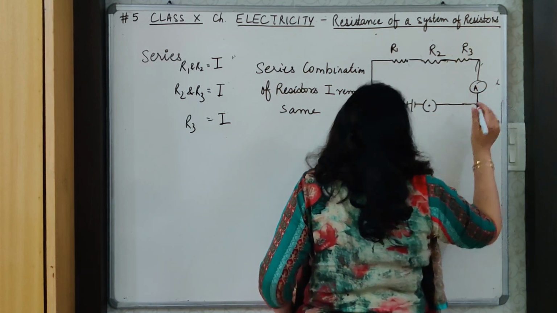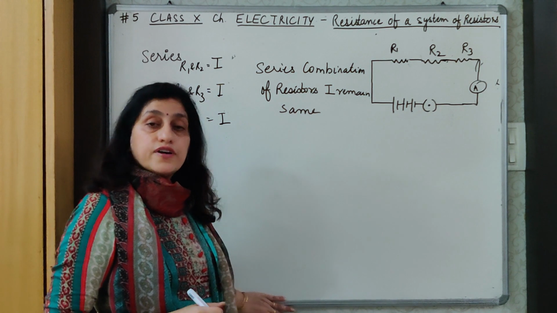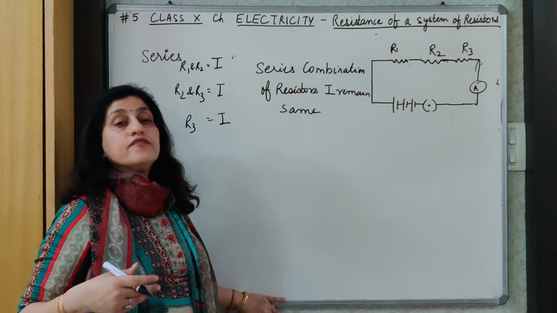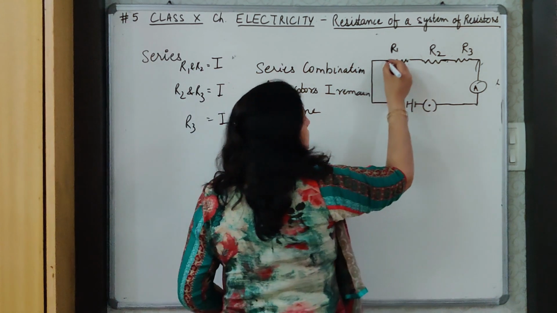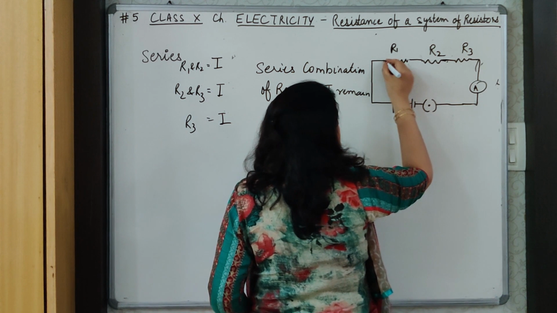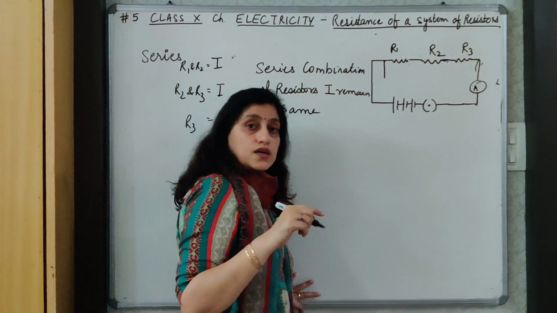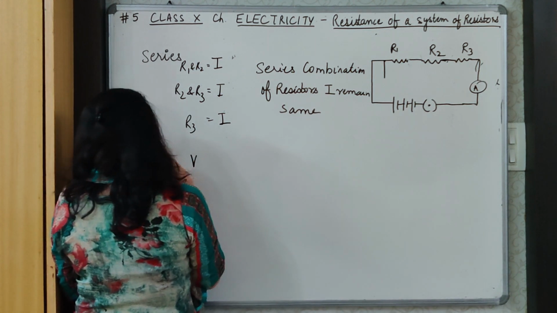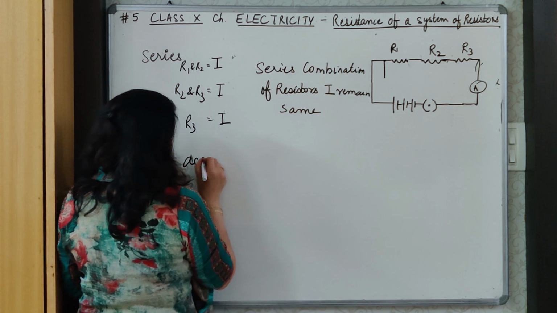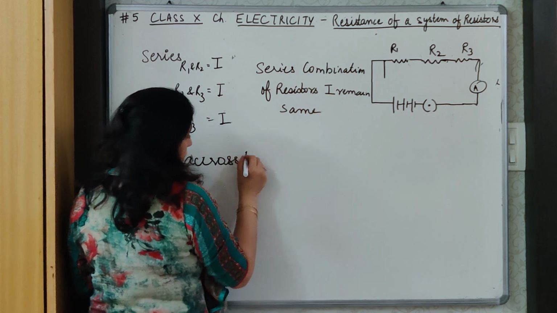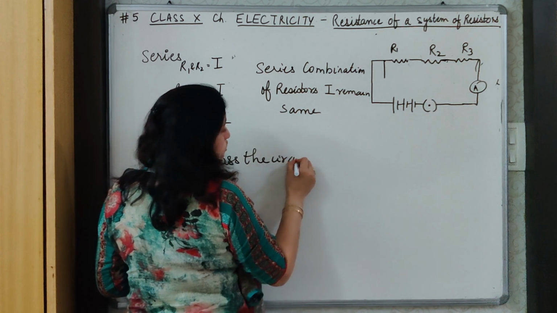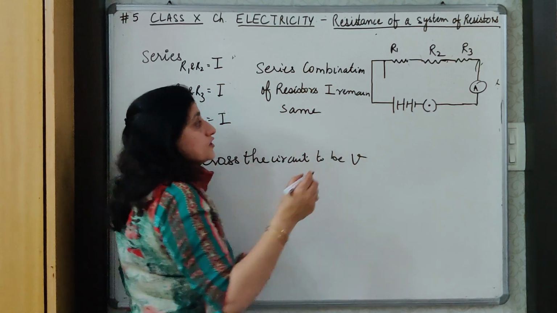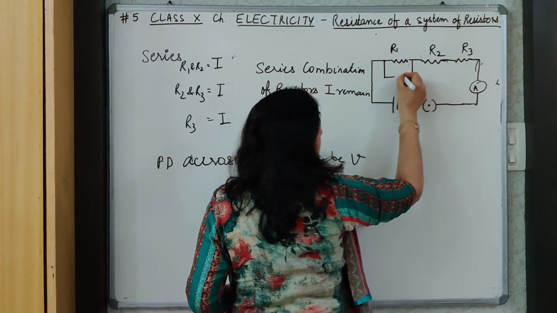First we measure the value of potential difference through the entire circuit across all three resistors, and say we find the potential difference across the circuit to be V. Then we take the voltmeter and connect it only across R1.